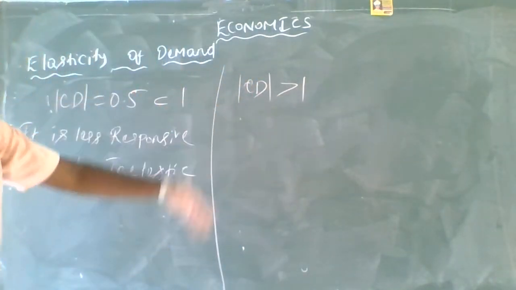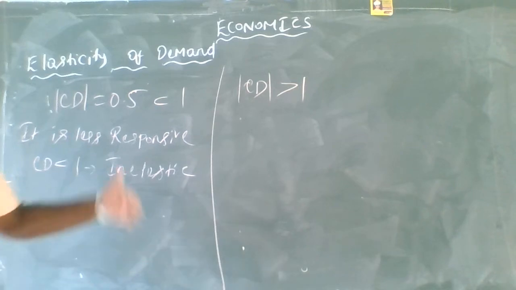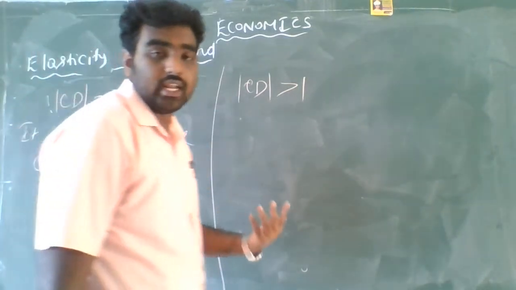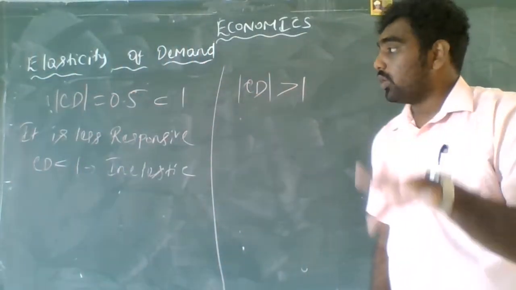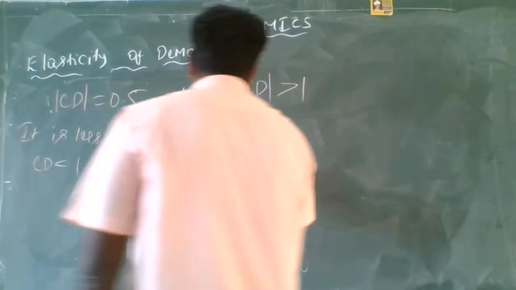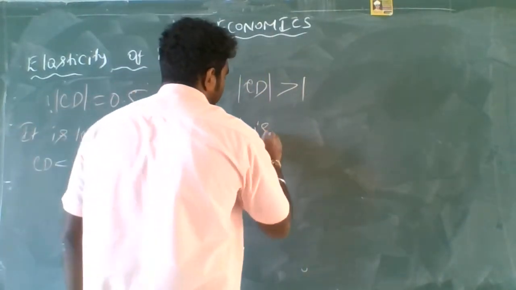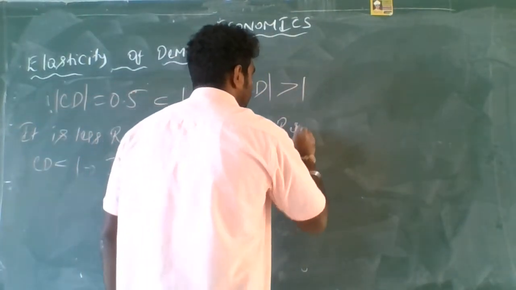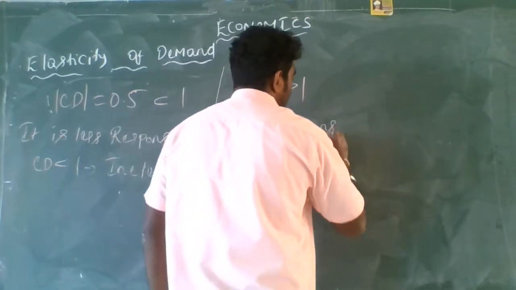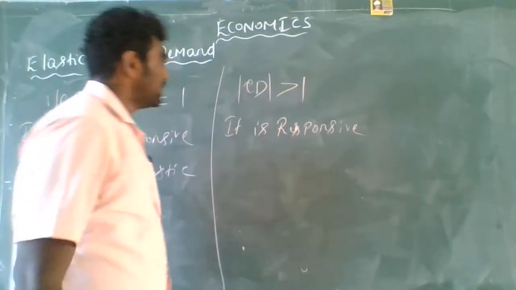It may become 2 or 1.5, but it will be more than 1. This is called responsive.